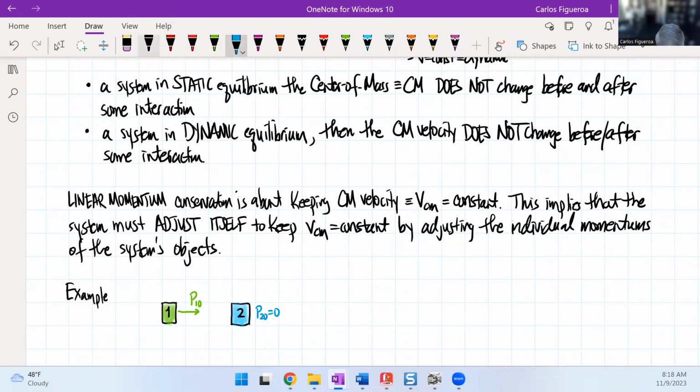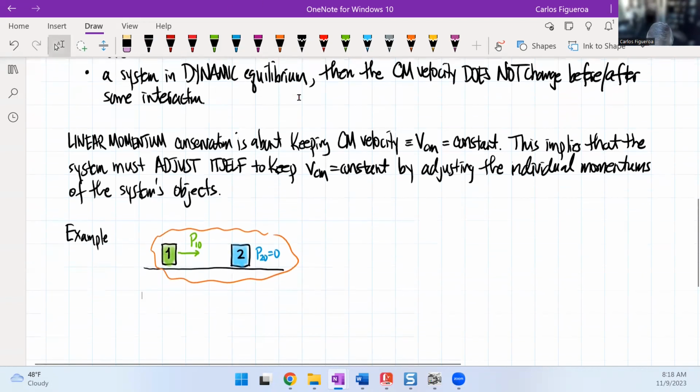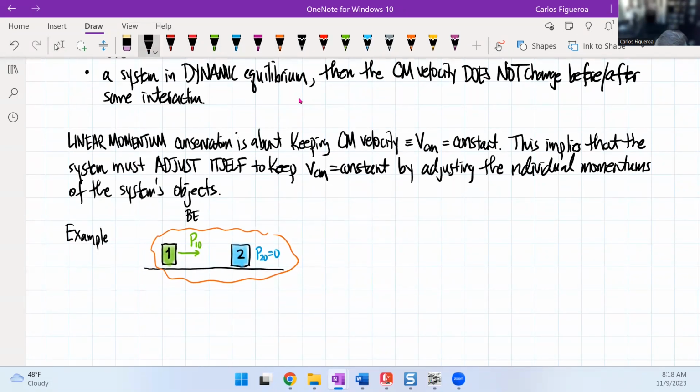So what I'm going to do here is that because momentum is a system thing, I'm going to come in here and just say, this is my system. Now, these guys are going to interact with each other. And I'm going to say that this is what happened beforehand. So now I'm going to ask the question, are there any forces within this system?